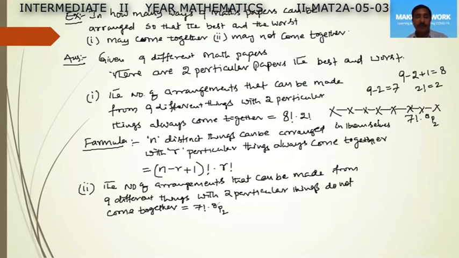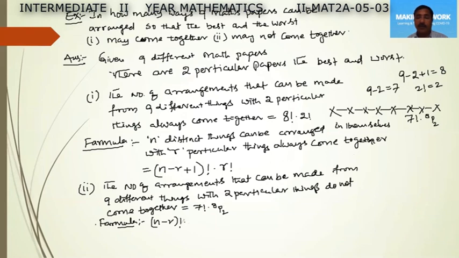So for this, we will write the general formula. So like this, n distinct things can be arranged in themselves with r particular things not coming together. First, we will remove those r elements from the given n elements and we arrange these elements first. Then, when n minus r elements are arranged in a row, the number of blanks that we can have between every 2 elements and at either of the ends is what? 1 more than the number of elements arranged.